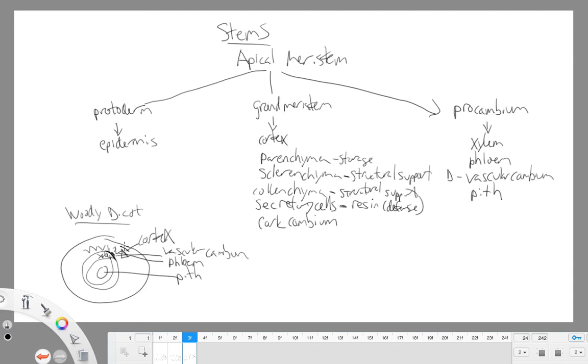At the edge of the cortex would be the cork cambium. And then you have your cork or bark or outer layer on the outside here. And the bark includes everything from our epidermis all the way to our phloem tissue. That's our woody dicot.